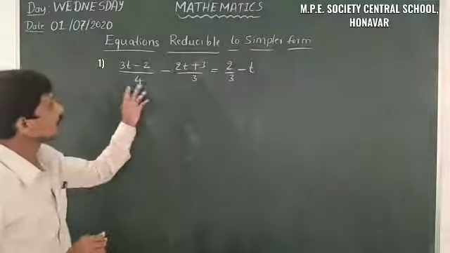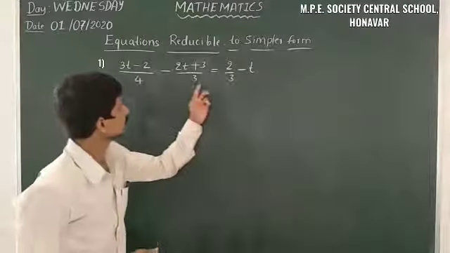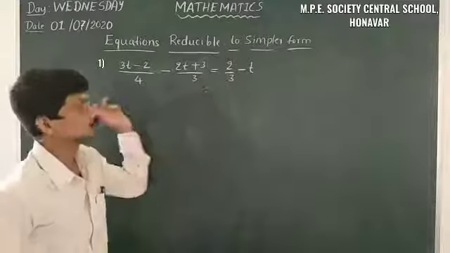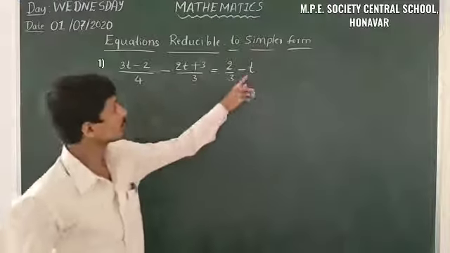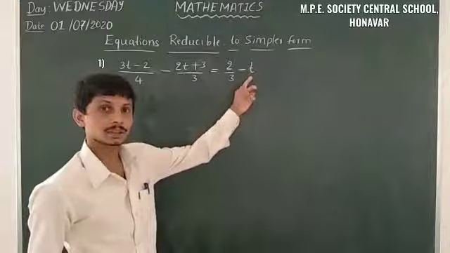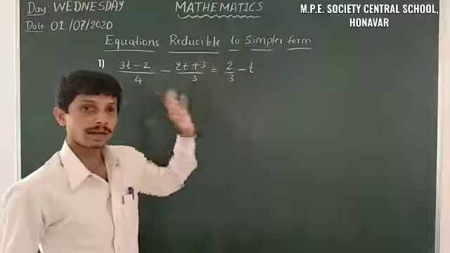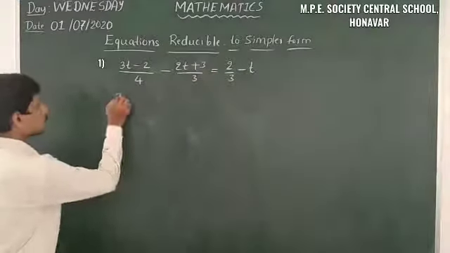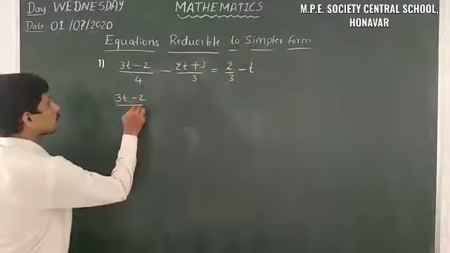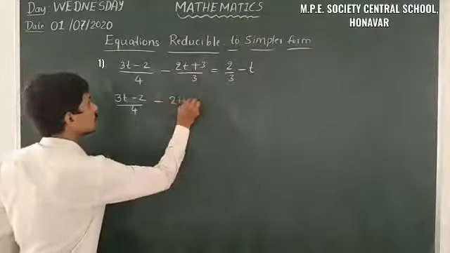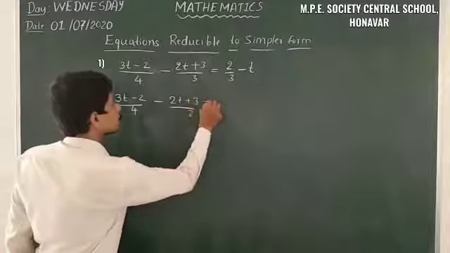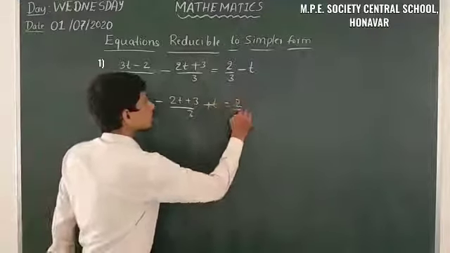Firstly, I will take this minus t, transposing minus t to the LHS side. So (3t minus 2) by 4 minus (2t plus 3) by 3 plus t is equal to 2 by 3.